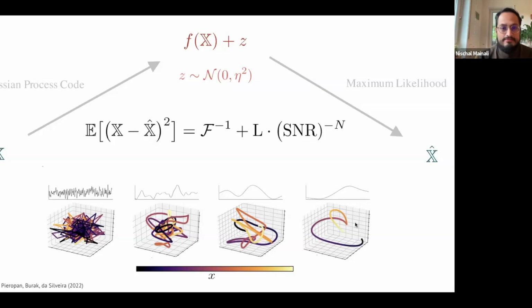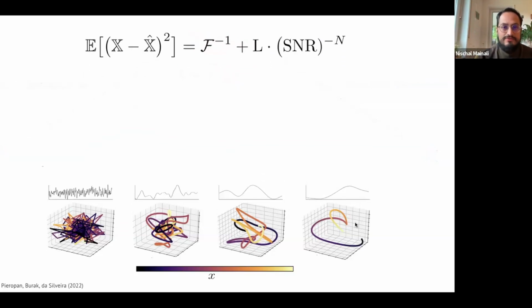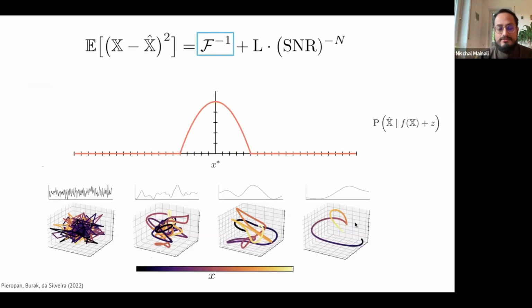And I can make that more precise with this schematic. If we think about the first term here, the Fisher information, you can think about the posterior. Some brain area is observing the CA1 Gaussian process code, and it has a posterior around the true location x star. The width of this posterior depends on the correlation length.